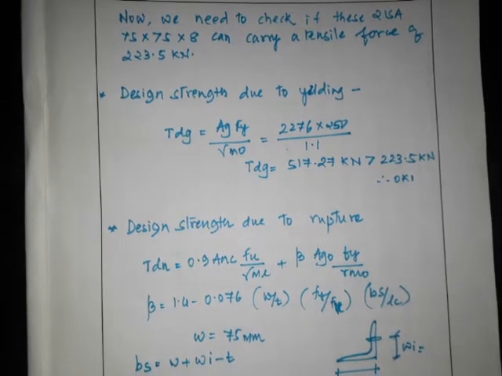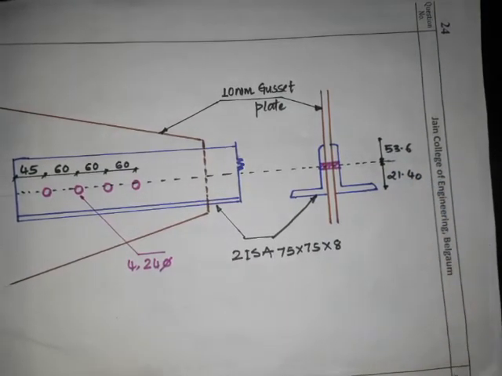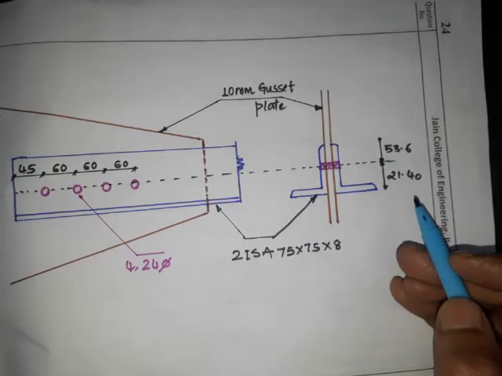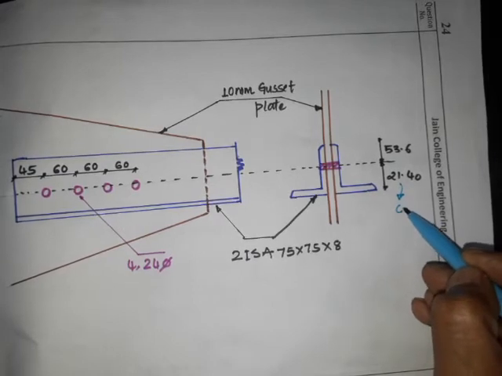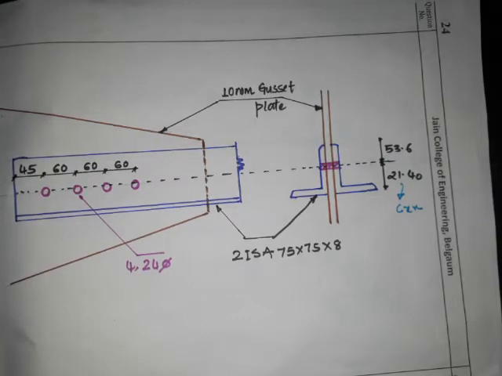Here are Cxx and Exx, so I'll note that down. The Cxx we will get from the steel table. For 75 by 75 by 8 it is 21.4.